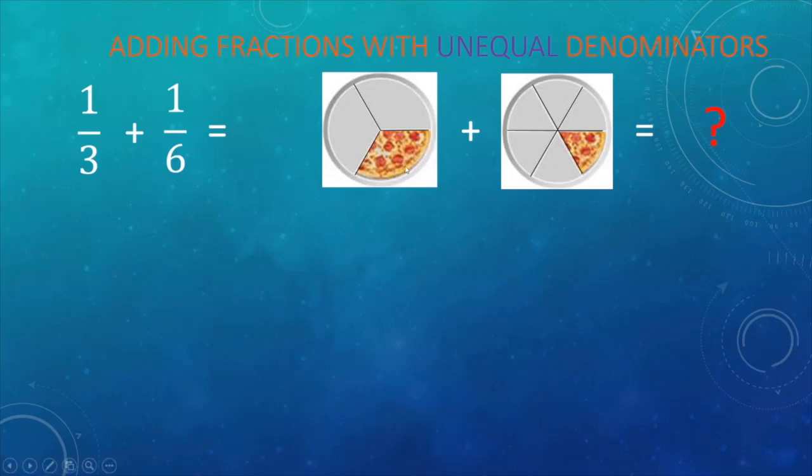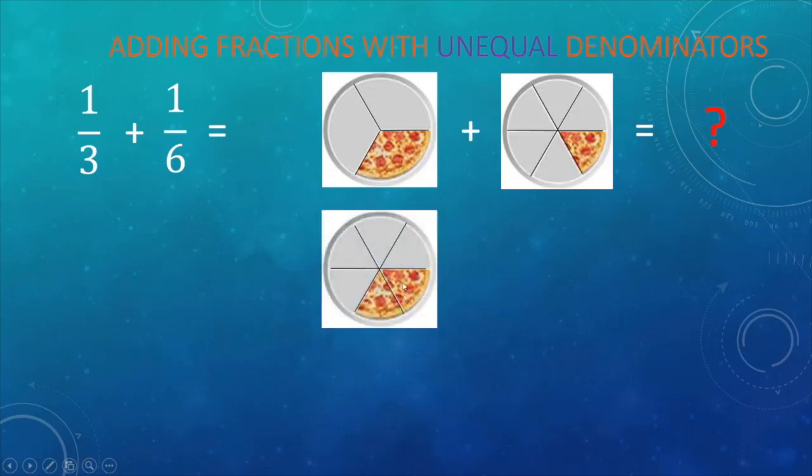So we need to have the parts of equal size. So if this fraction has 6 equal parts, this fraction also needs to have 6 equal parts. If you look at this pizza, you can see that those 3 parts, if we divide in half, we will have exactly 6 equal parts.